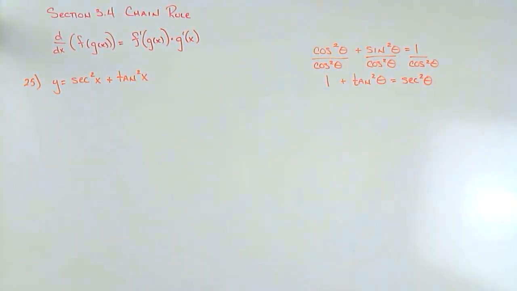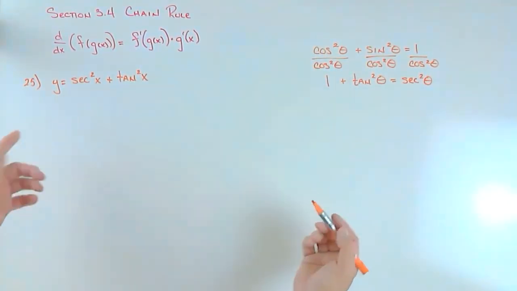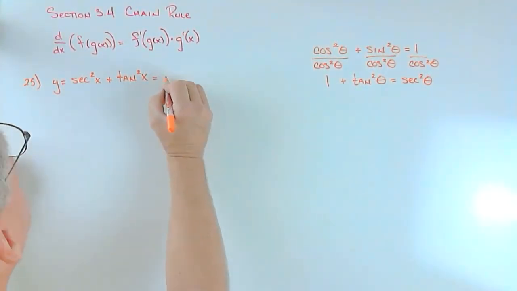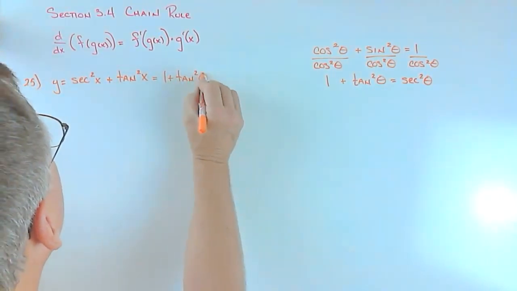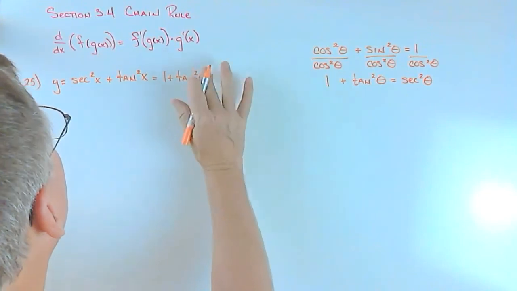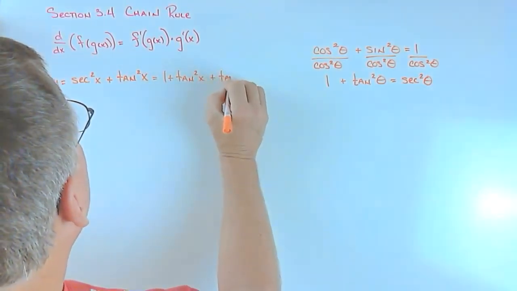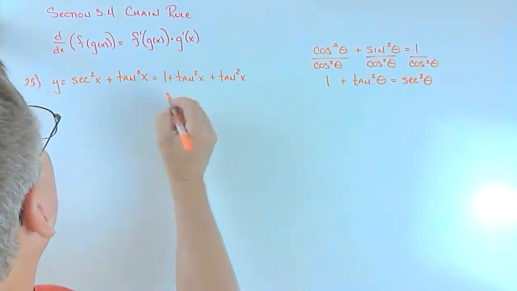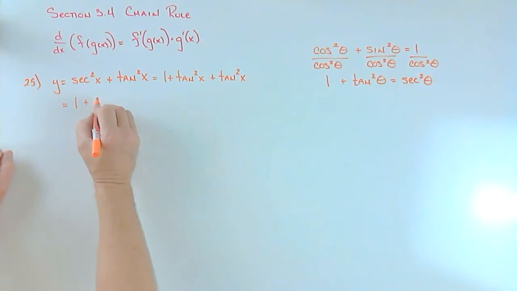So we could, before we began this problem, if we wanted to, we could replace this secant squared with 1 plus tangent squared. And if we did that, we'd have 1 plus tangent squared x plus tangent squared x. Or we would be beginning, now we haven't taken a derivative yet, but we would have 1 plus 2 of those.